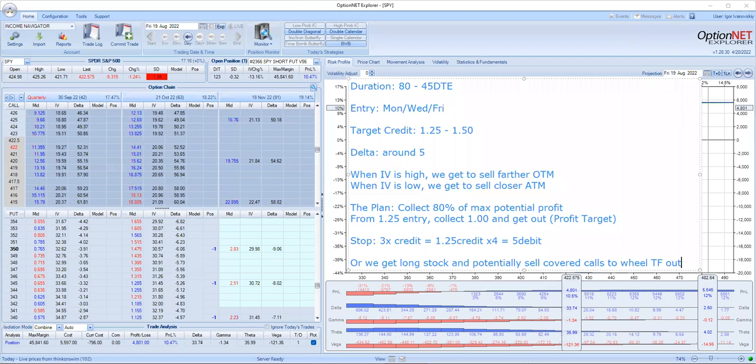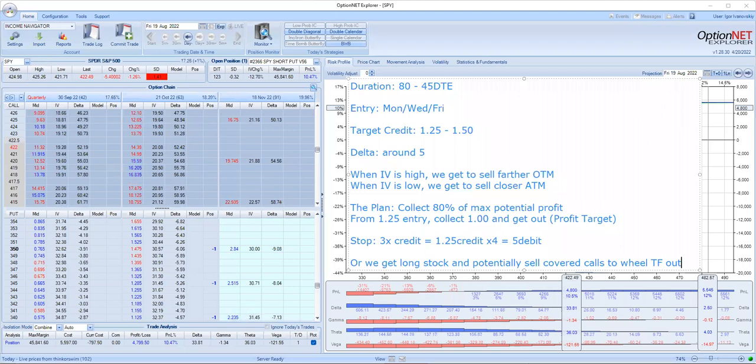One question I get is, can we roll out in time? The answer is you can. As long as it's part of your plan, then you can do whatever you want. I don't think rolling out in time makes sense because, again, if I reach my stop loss, and instead of stopping out of the trade, I'm going to buy to close and sell to open something else, well, I do that already anyways, right?